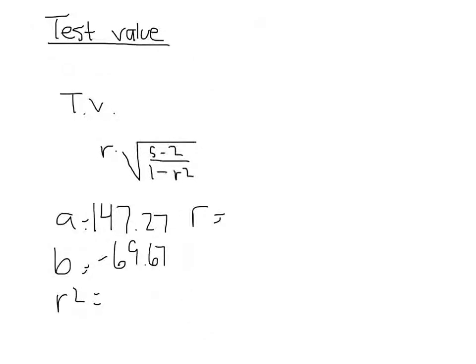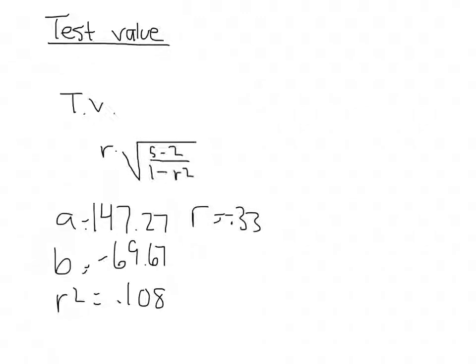For R squared, I got 0.108, and for R, I got negative 0.33. Now you will need to know this for the later equation.